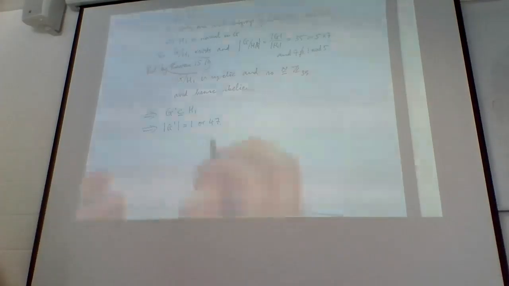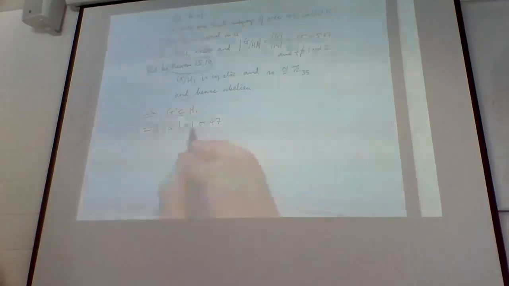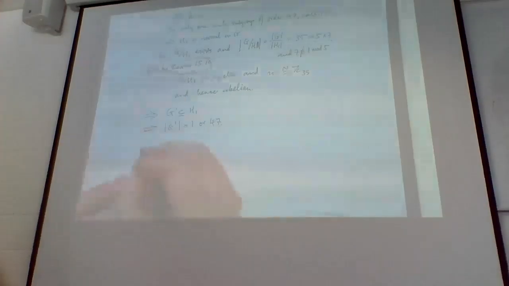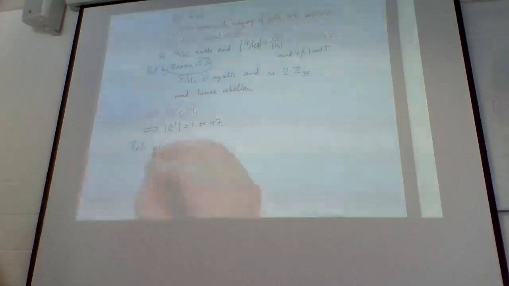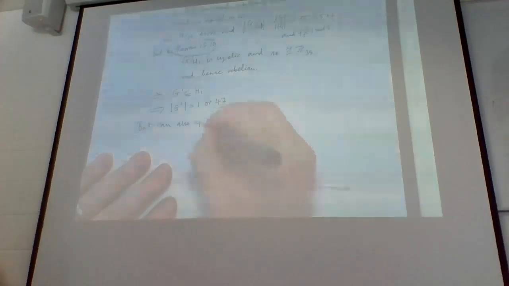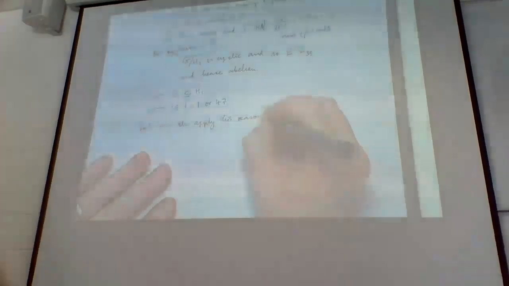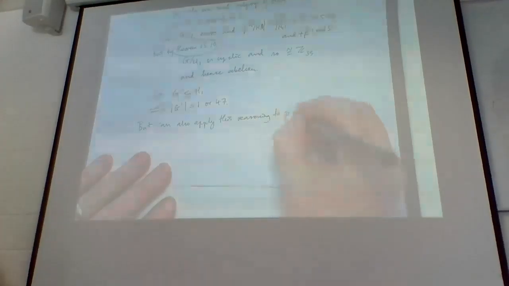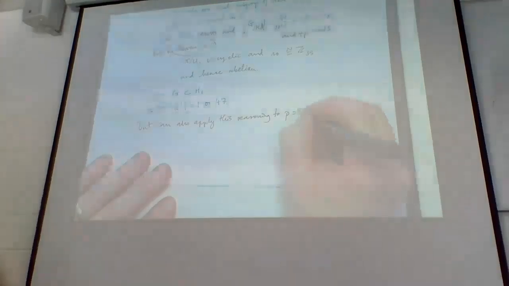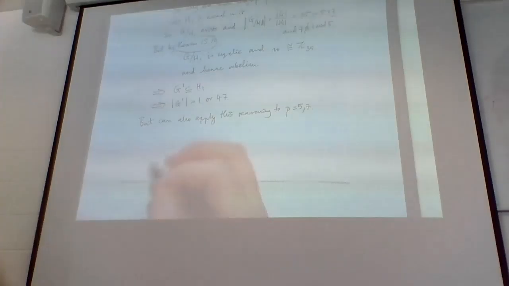We can also apply this. Now we know the size of the commutator is 1 or 47. So this speaks to Mario's point, asking why we started with 47. Well, maybe there's no reason to start there. We can also apply this reasoning to the primes p equals 5 and 7, and exactly the same conclusions go through.